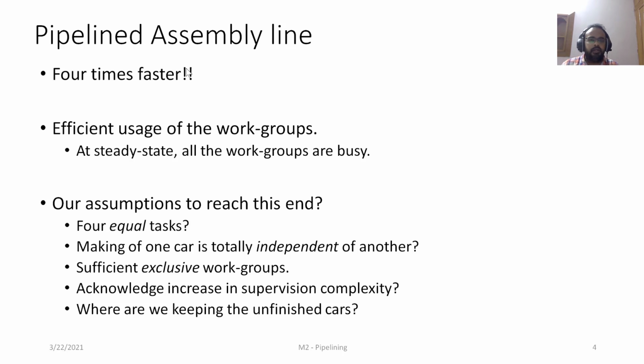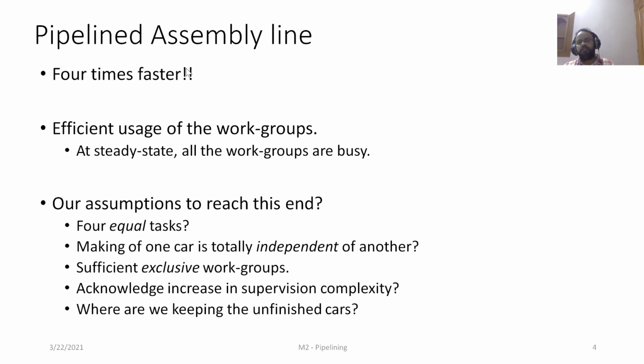If you try to imagine physically, we need some space where all these unfinished parts would be kept, so that the next stage can pick them up. Earlier that was not the case, because there was a single line, and the other guys were anyway waiting, right? But here it might not be the case. So where do we keep these unfinished cars? We need extra space.